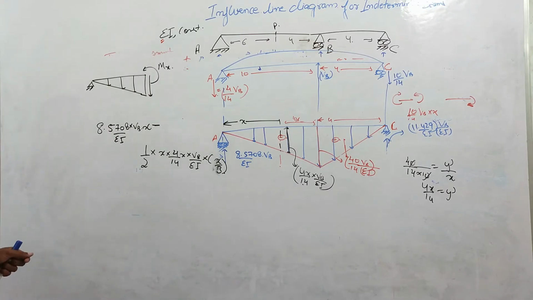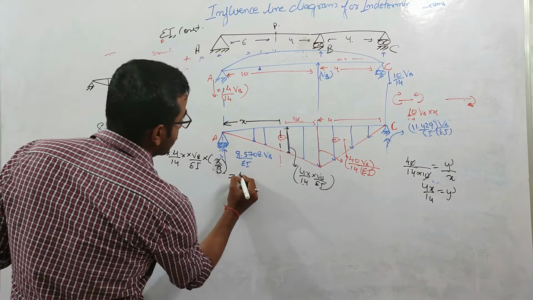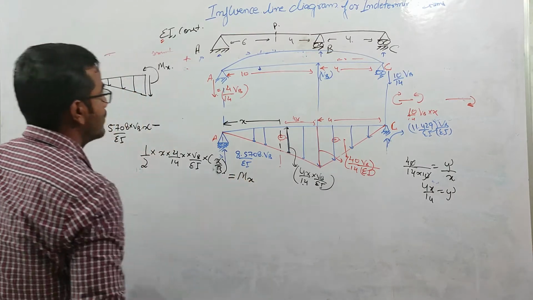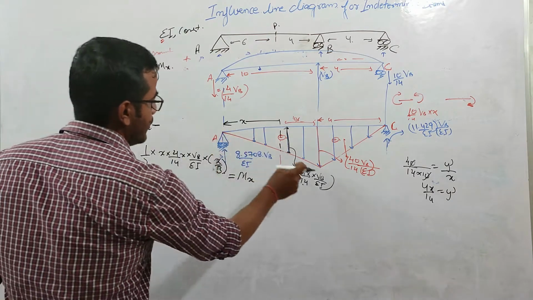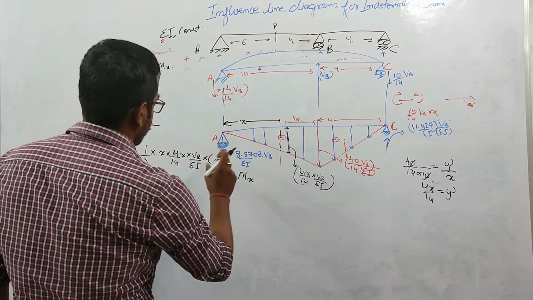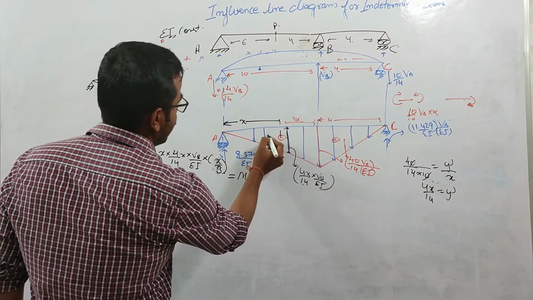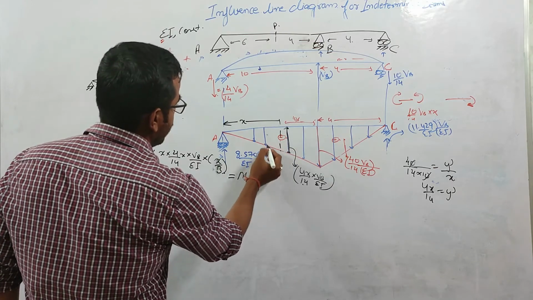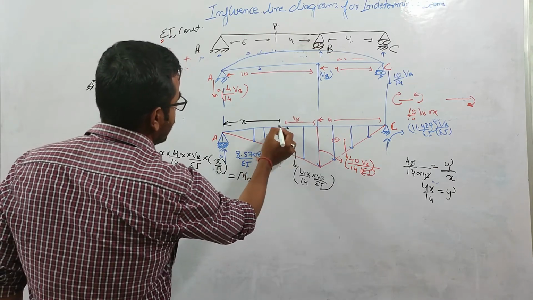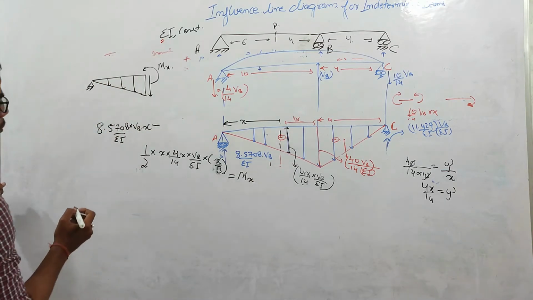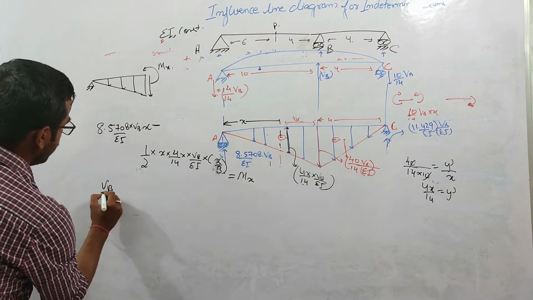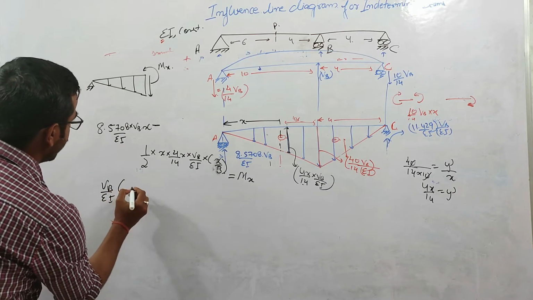And that moment will be equal to Mx. Half into x into this ordinate, acting at the centroid, which is at a distance x by 3 from this point. What I can do here is take VB over EI common outside the bracket.